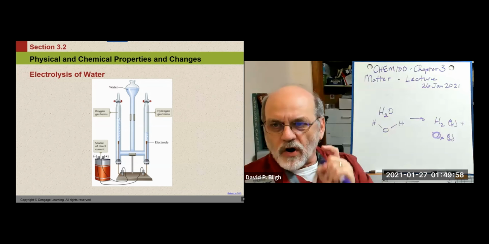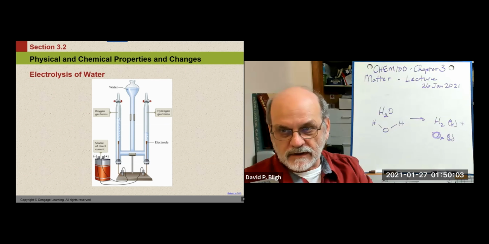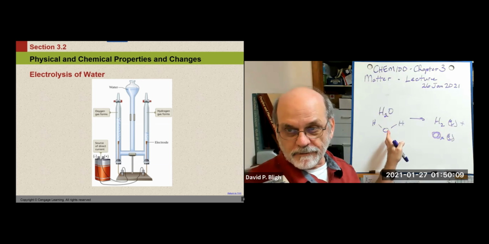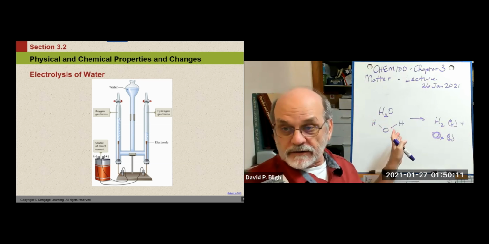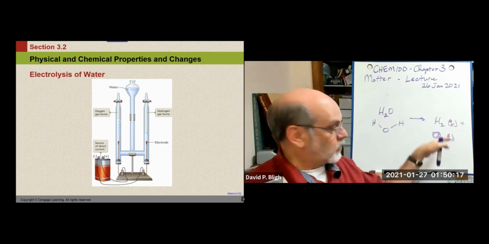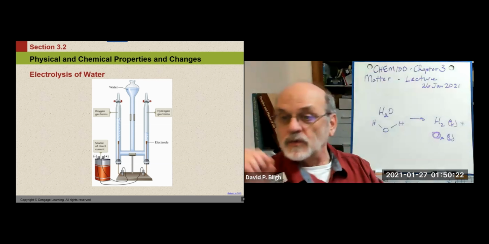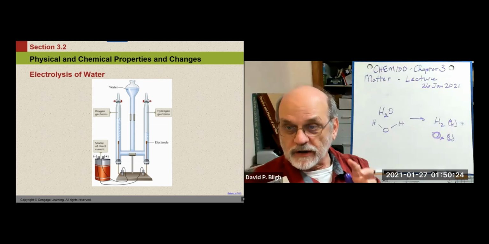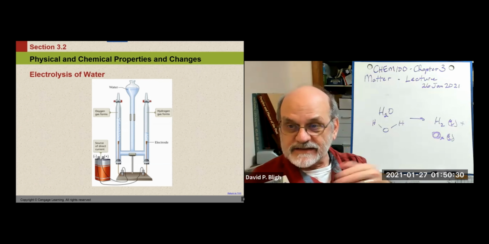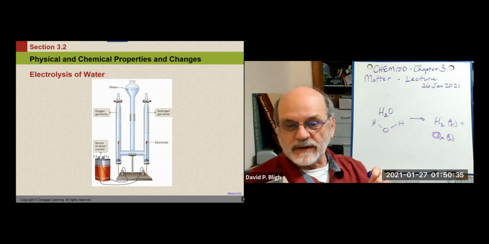So what is common to all chemical changes? Bonds must be broken. The bonds that hold this water molecule together must be broken. Now, very often, new bonds are formed in the process, as they were here, because remember when I gave you the periodic table with the red boxes around those elements, I want you to learn them and the symbols, and there are a few of them that exist in the environment naturally as diatomic molecules.